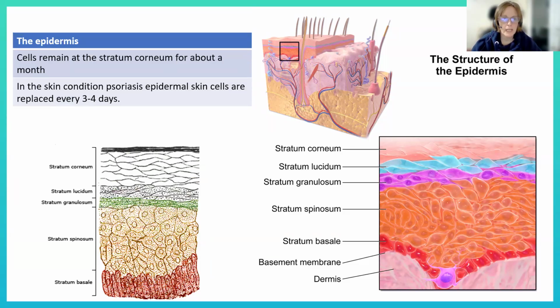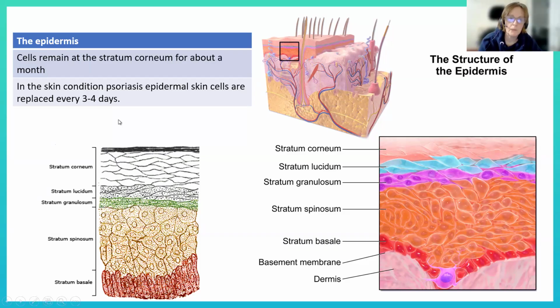Cells remain at the surface for about a month, each individual cell. Obviously, there are always cells being removed, but each individual cell will live there for about a month before it gets scraped off, assuming you don't damage it in any way.